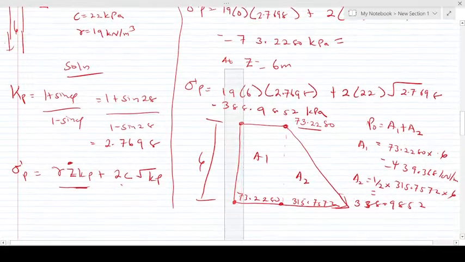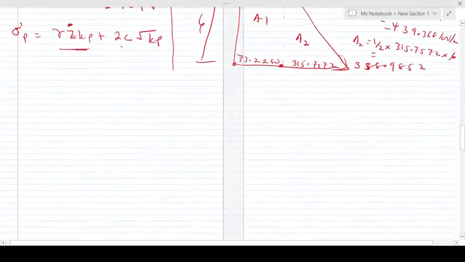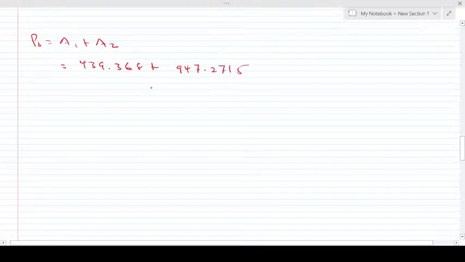So if you want to find P naught, P naught is simply A1 plus A2, 439.368 plus 947.2715. And this will be giving us 1386.6395 kilonewton per meter for the force.